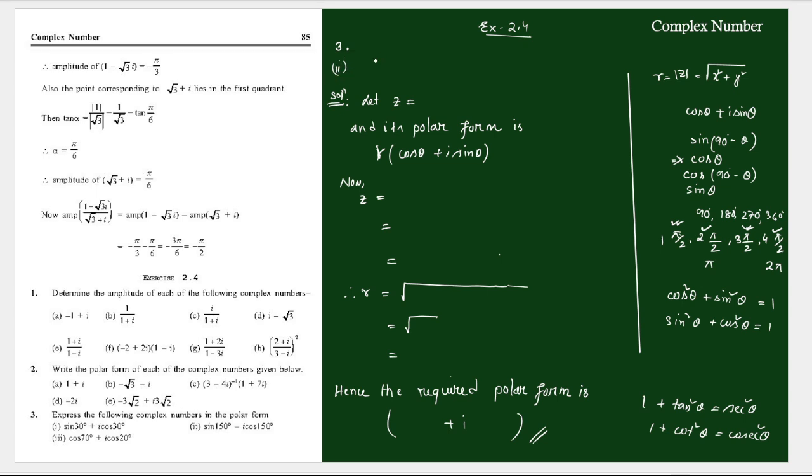So what is our equation? This is sine 150 degree minus I cos 150 degree. So that z will be this one.